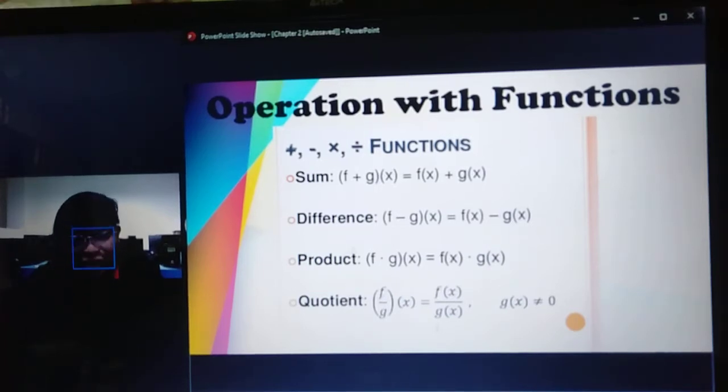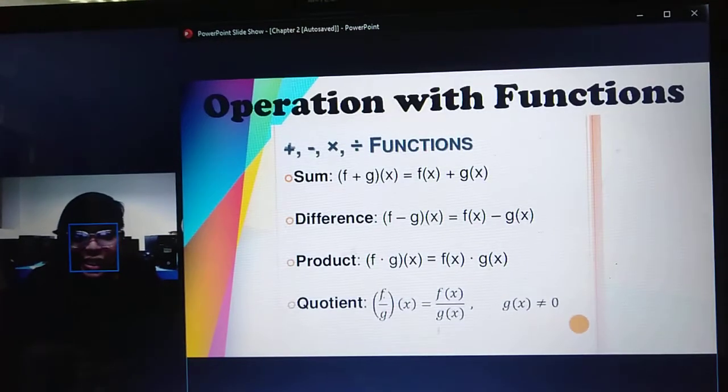It is a function, sorry. Okay, I repeat. If the domain is repeated, it is not a function. But if the domain did not repeat, and the range is repeated, it is still a function.